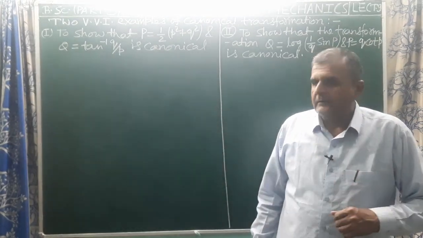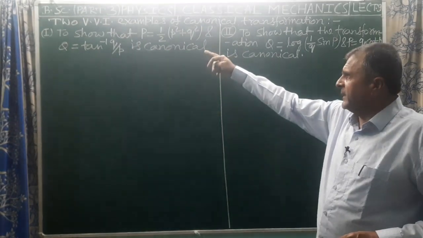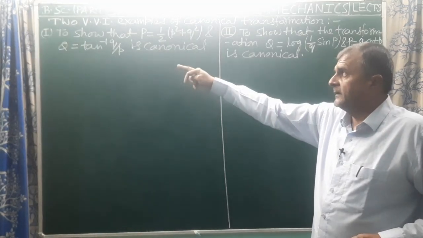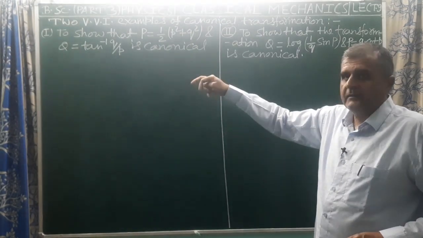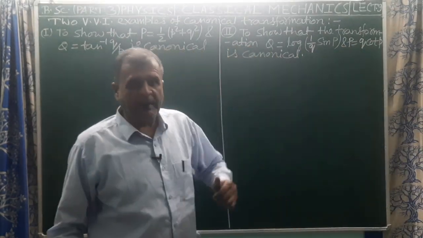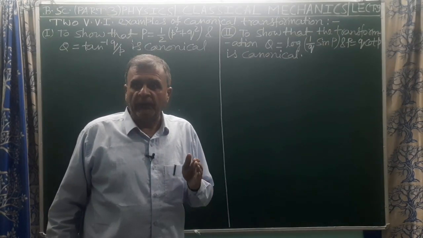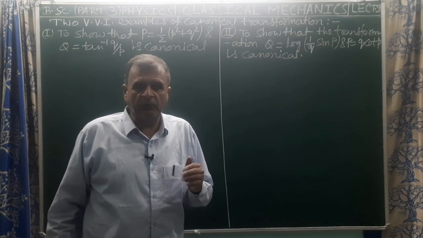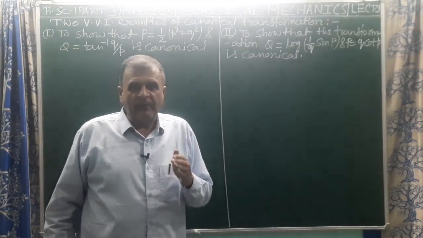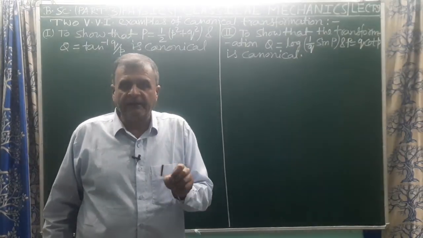Then the given transformation capital P is equal to 1 by 2 (p square plus q square) and capital Q equals tan inverse q by p will be canonical. So we have to show that p dq minus capital P d capital Q must be an exact differential.